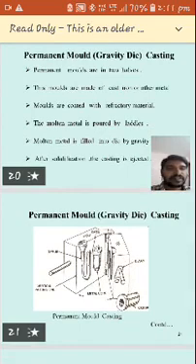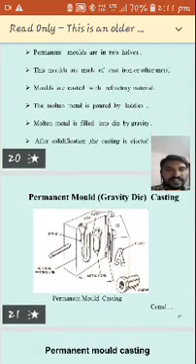The molten metal is poured by ladle. The molten metal is filled into the die by gravity.